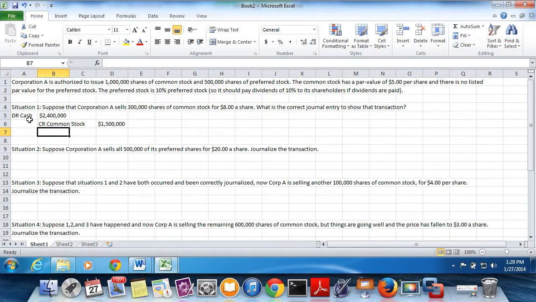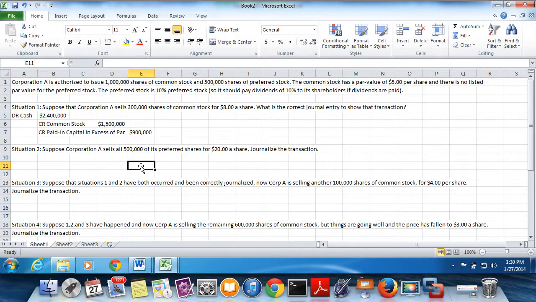These two amounts don't balance, so whatever the difference is between the par value and the cash, we need to put somewhere, and that's going to go in paid in capital in excess of par. Of course, that's going to be $900,000 there. Okay, so that's the journal entry for that first situation, again selling stock above par value, common stock in that scenario.